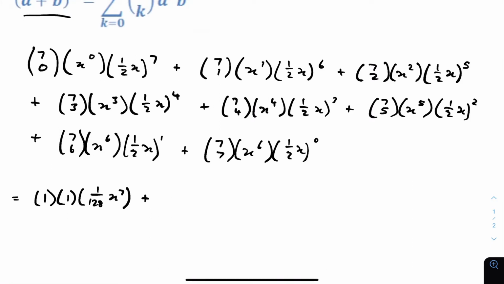Plus 7 choose 1, we can just put this into our calculator. 7 choose 1 gives 7, times x, times 1 over 2 to the power of 6, which is 1 over 64, x to the power of 6.